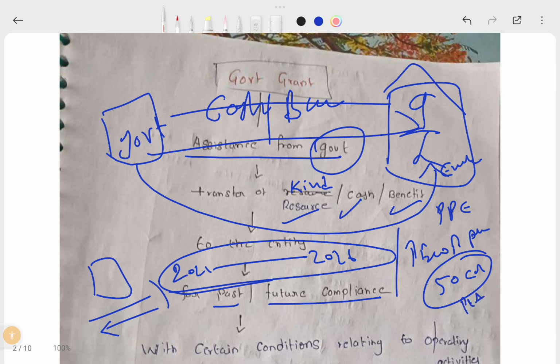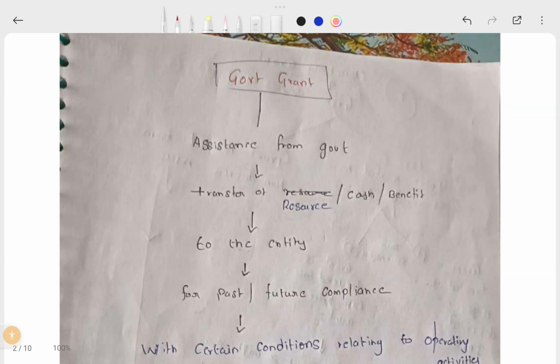In this case this is the past compliance; you already complied in past years. Now there might be future compliance also, like in the next five years you need to comply with this. For that I am providing some assistance, like a 50 to 60 crores benefit today, and you need to comply. This is the structure.